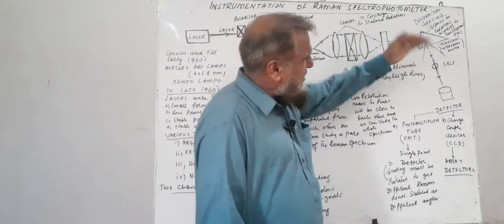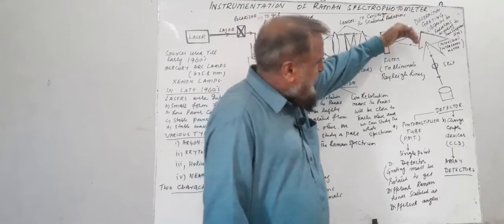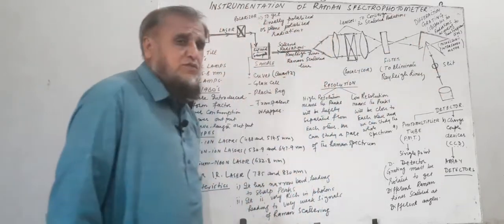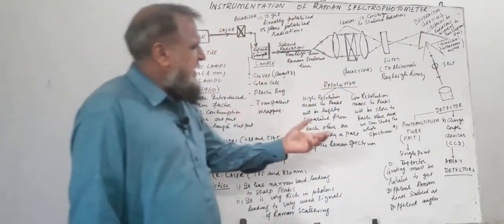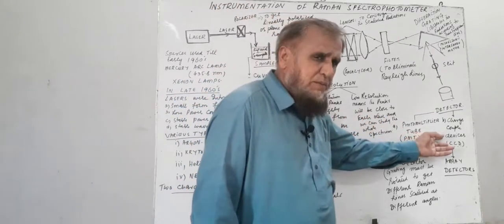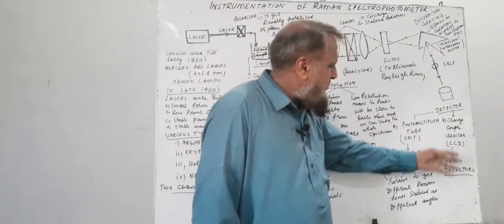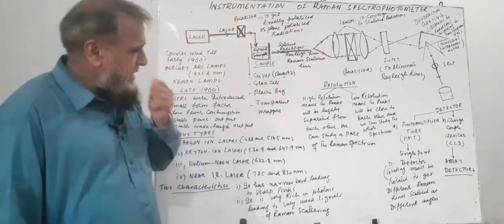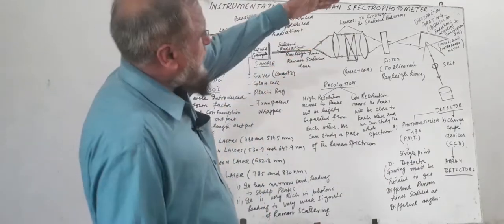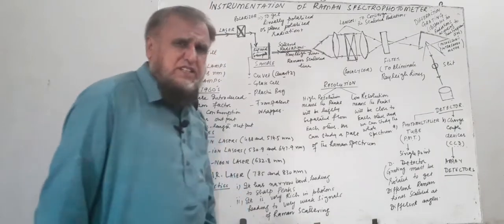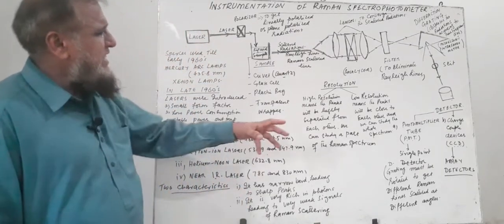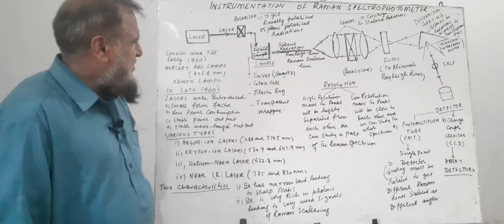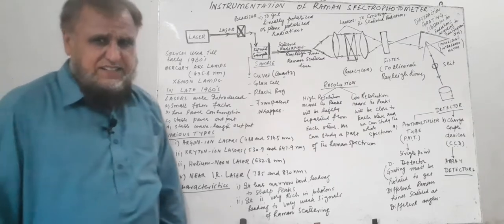On the other hand, if we are using charge coupled devices, they are known as array detectors, and in this case there is no need to rotate the diffraction grating and we will get the signals directly into the charge coupled detector.